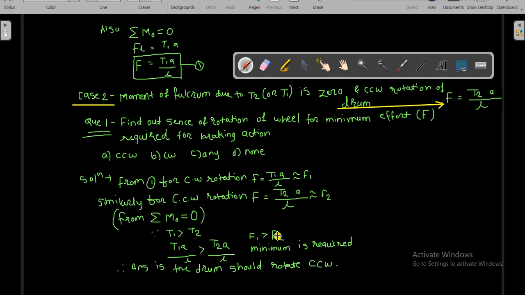You can see here F2 is lesser than F1, so this F2 will be desirable, acceptable, or good for the braking. That means at less effort you can stop or reduce the speed of the wheel. So the answer is the drum should rotate in counterclockwise direction.